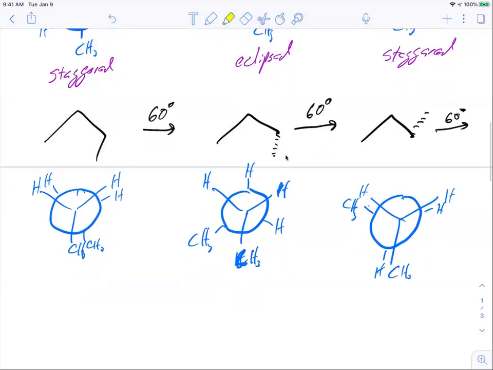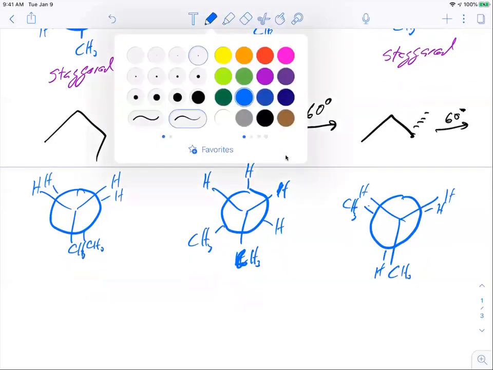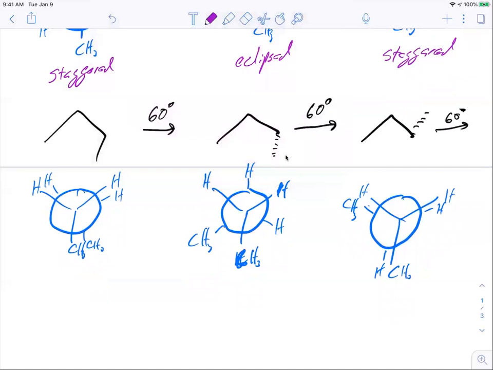Okay, and then if we label these, this first one is what? Eclipsed or staggered? Eclipsed. Second one, that's going to be staggered. And then the third one is going to be eclipsed.